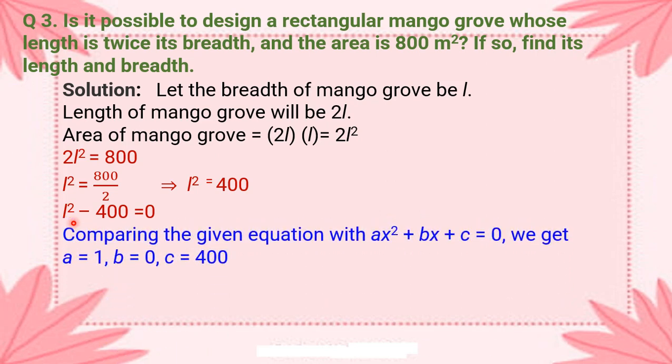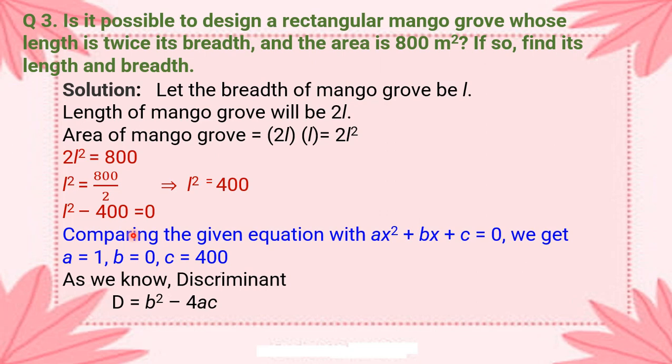But before this, we compare the equation with the standard form ax square plus bx plus c equals 0 and get the value a equals 1, as here the coefficient of L square is 1. B, there is no coefficient of L, so b is 0, and minus 400 is c. Now we find b square minus 4ac.